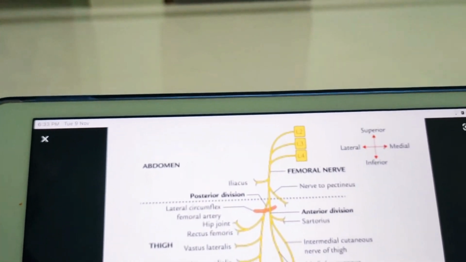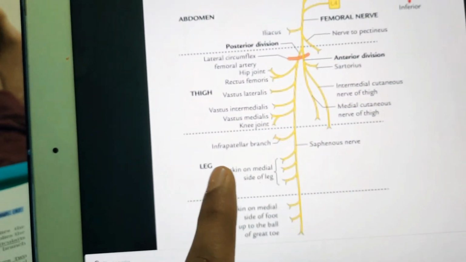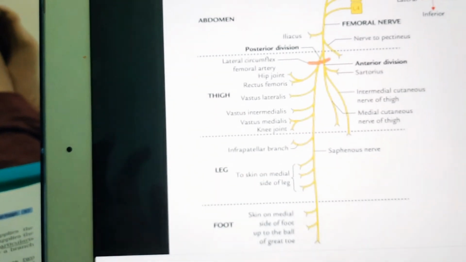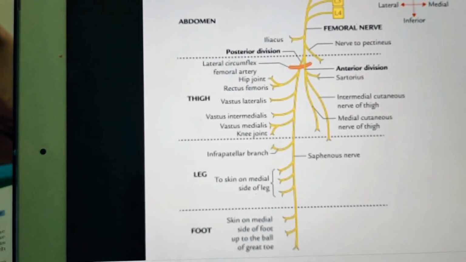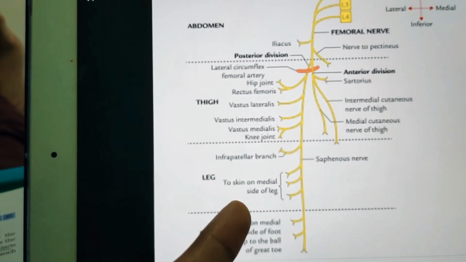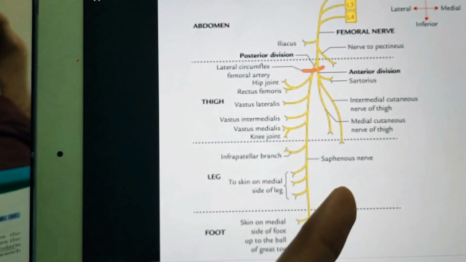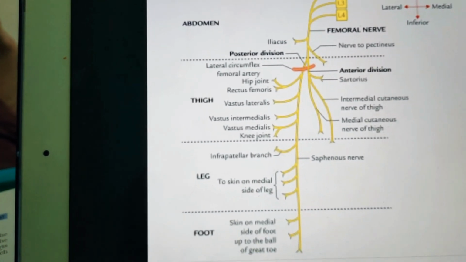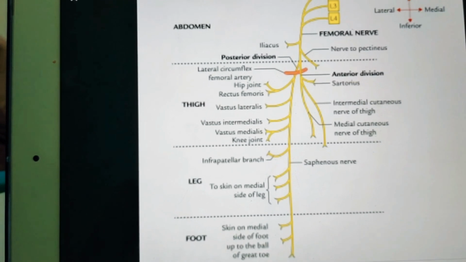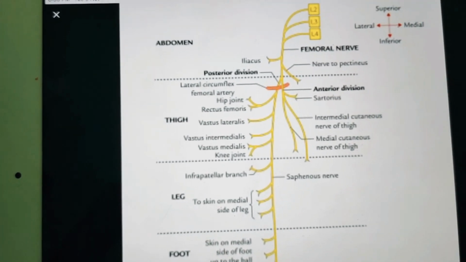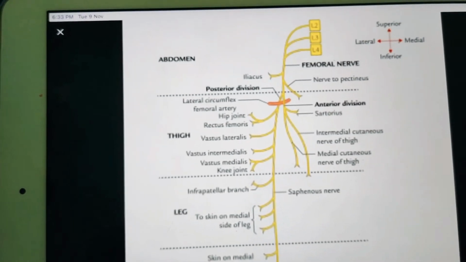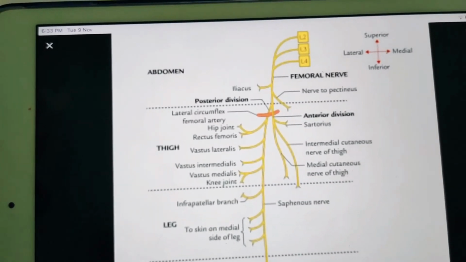Also the medial side of the leg: you can see here the infrapatellar branch, skin on the medial side of leg, so the saphenous nerve. These are also sensory branches, so there will also be loss of sensation on the medial side of the leg. So this is all about the femoral nerve.